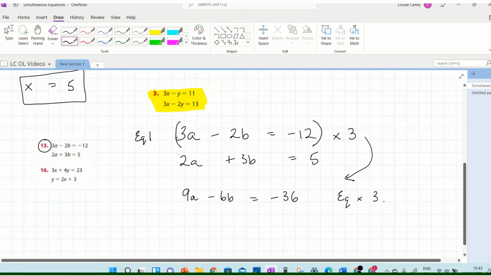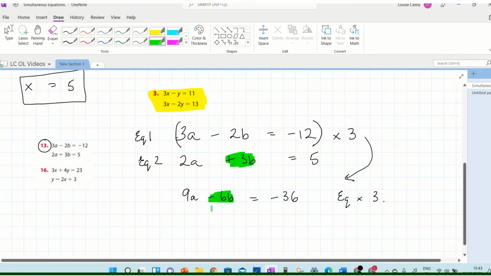So now I look to my equation 2, and I'm going to try and create something that will cancel out. I'm going to look at my 3 here, and if I was to multiply that 3b by 2, that would give me a positive 6b. I have a negative 6b down here.